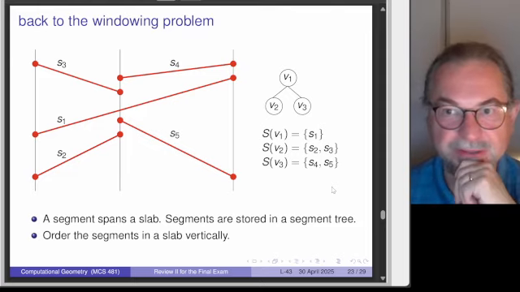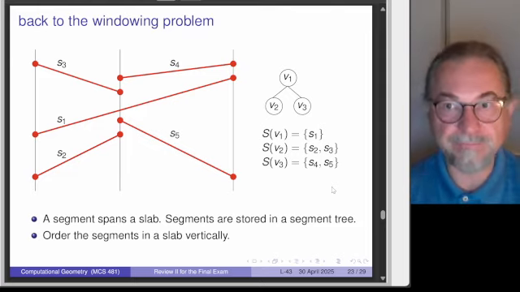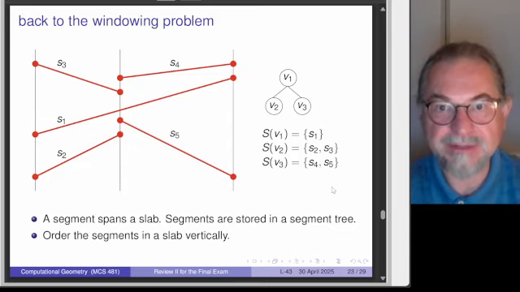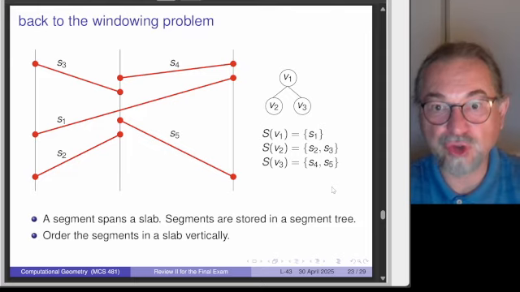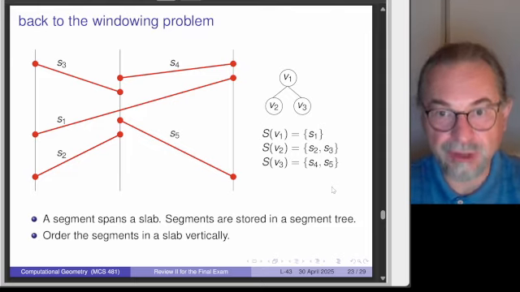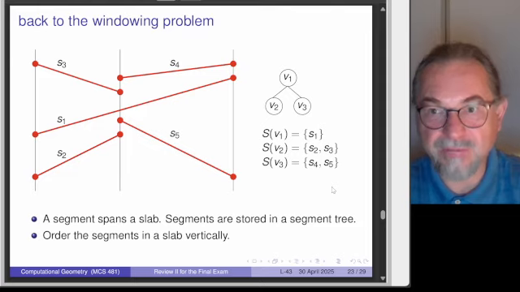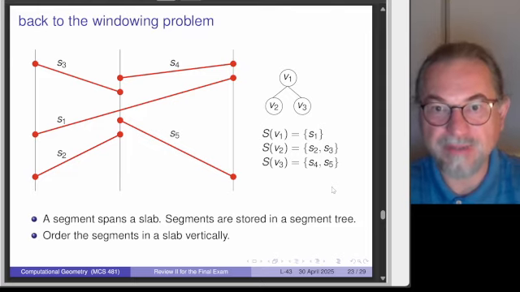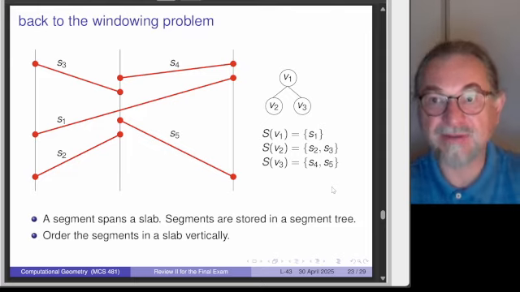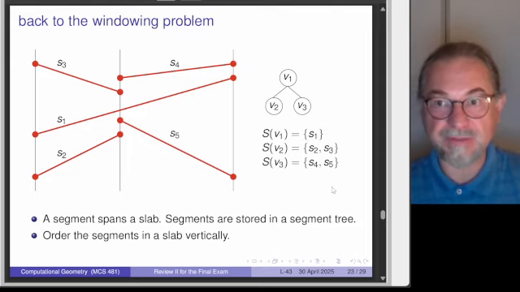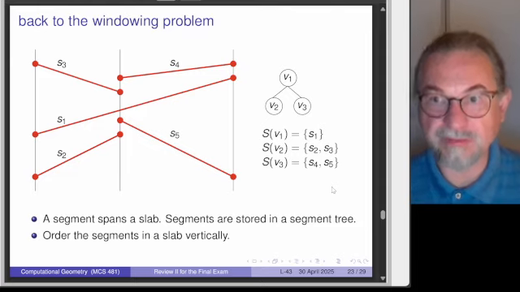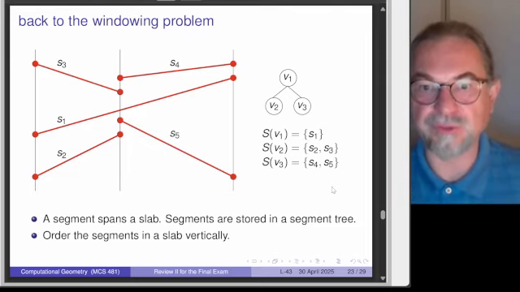So that's binary search. So what we have is our segment tree. This is what you see with the slabs. And then we have the associated structure. So we have what is above and what is below. So we have the node that consists of S1, and then we have the segments that are above and below in the nodes V2 and V3.